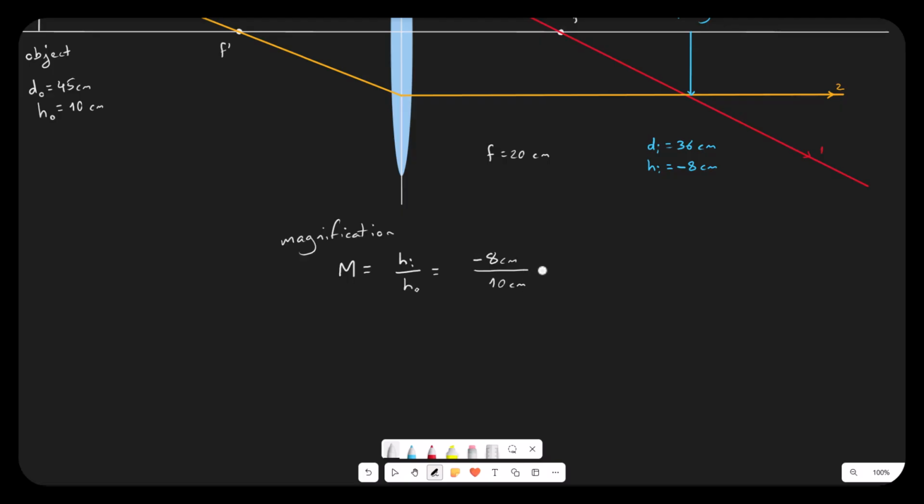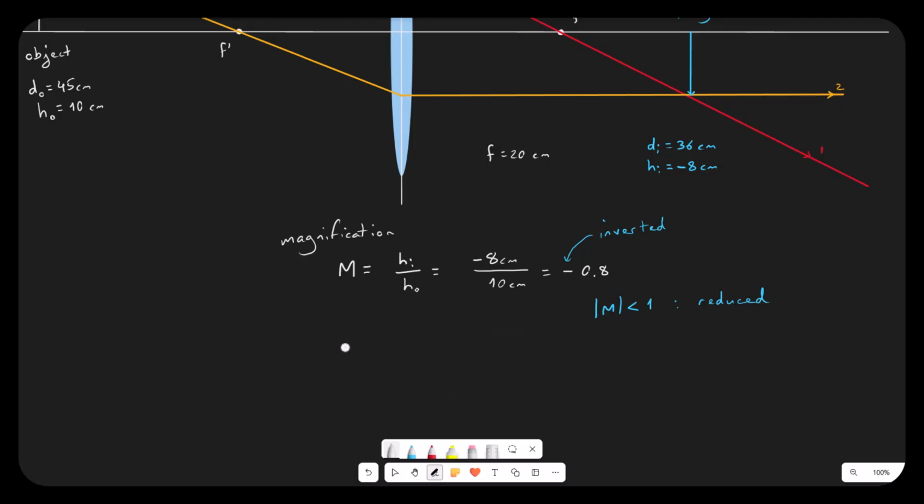The 8 is negative, and I get a negative 0.8. I can pull a couple of things out of this. This is negative, which tells me I am inverted. And it has a magnitude. Magnitude of my magnification is less than 1, so I am reduced, or diminished, sometimes you'll see.